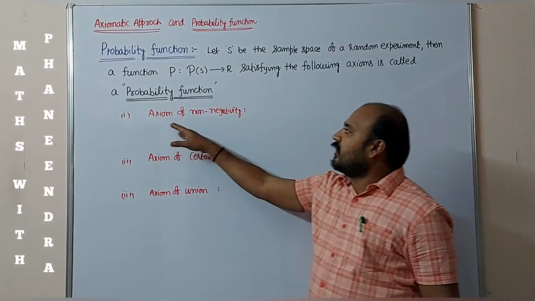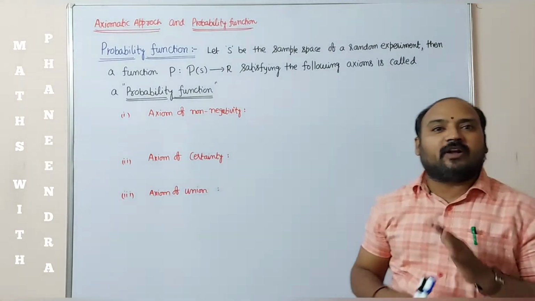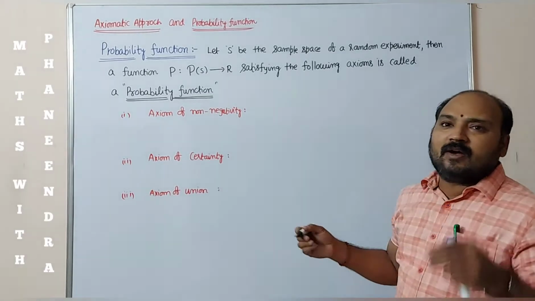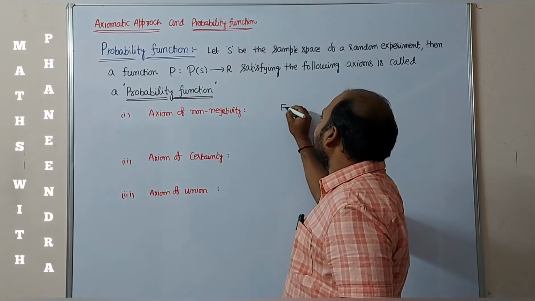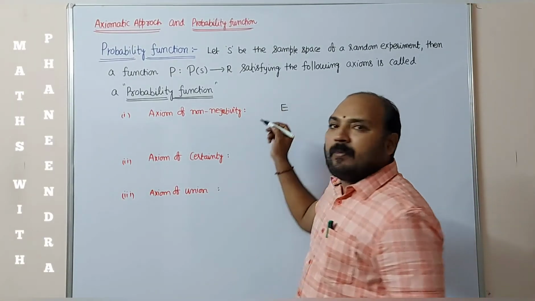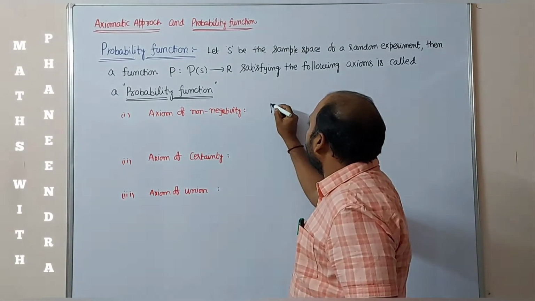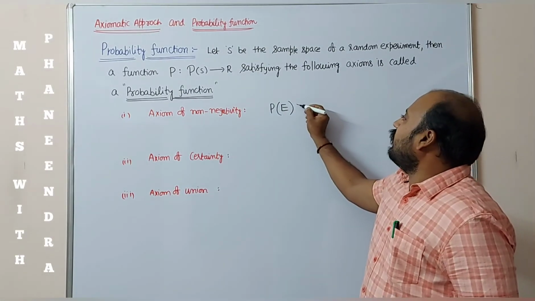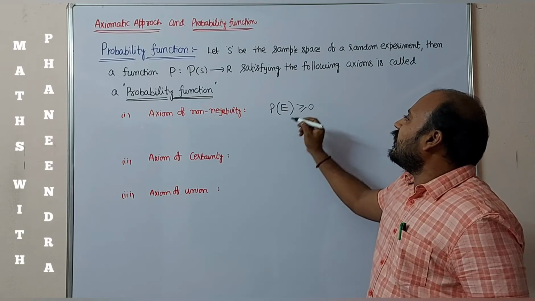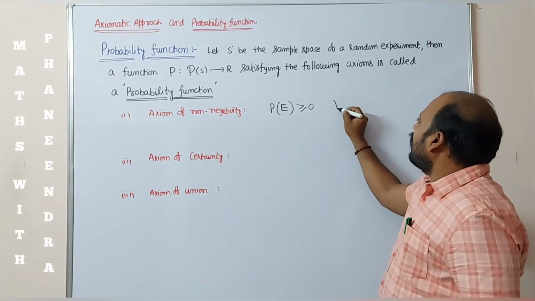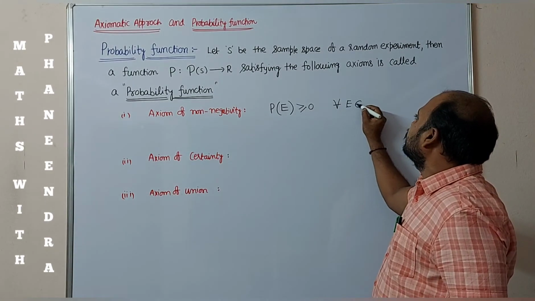The first one is the axiom of non-negativity. Suppose E is any event in the sample space S. The probability of the event E, denoted by P of E, is always greater than or equal to 0, for all events belonging to the sample space.